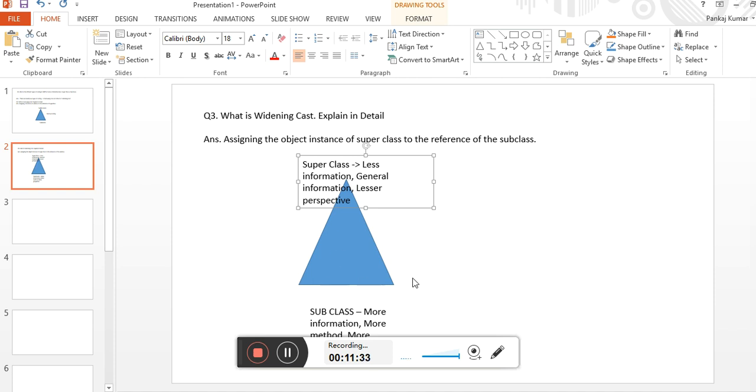You can see this is the wider side, you are going downwards. Downwards is wider, and wider means subclass. This is narrow, and narrow is superclass. So we are assigning a superclass instance to the reference of a subclass. This is called widening cast.